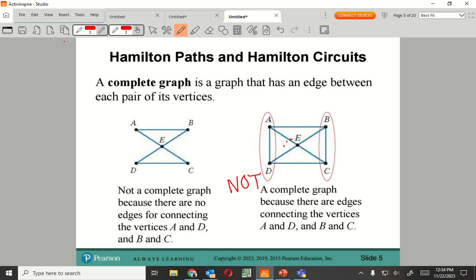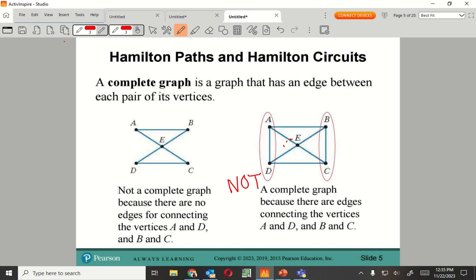A does go to E. Is every vertex connected by a straight line? No? Which ones are not? Sebastian? E and B. A to what? A and D.